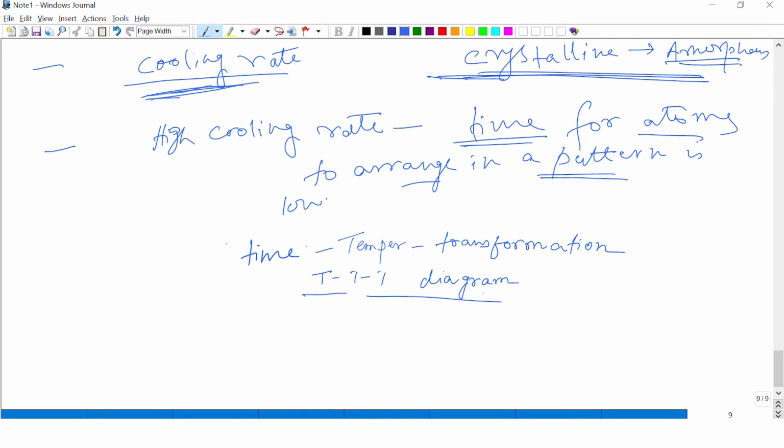Okay, so this is a diagram which describes the relation between temperature and time during a particular type of transformation. That means how you lower the temperature or at what rate you lower the temperature, that would dictate what kind of transformation will take place and lead to what kind of microstructure in the final solid.